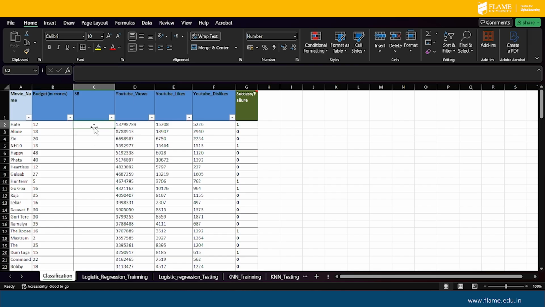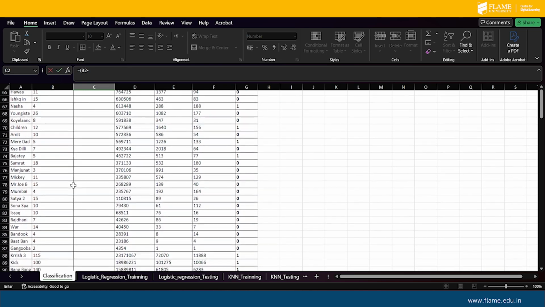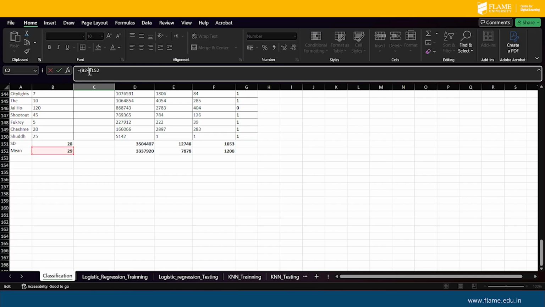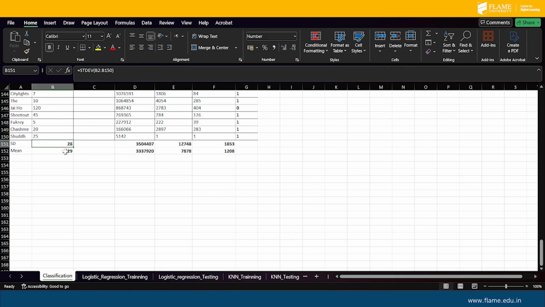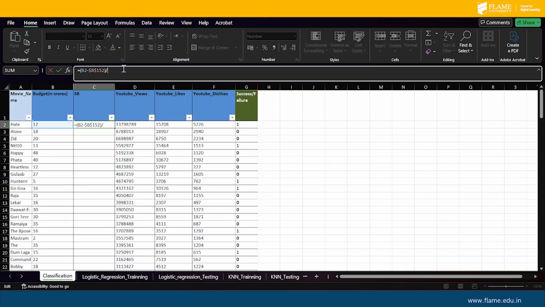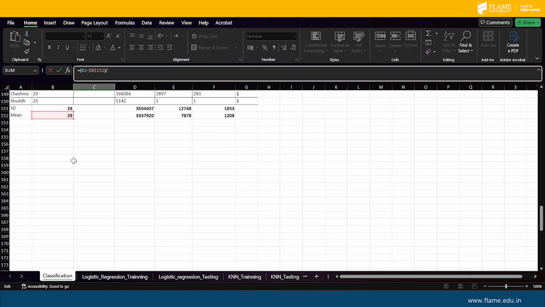Now we can standardize the data by selecting that particular value, minus the fixed mean value, and fixing them with the dollar sign, and divide it by the standard deviation, which again you have to fix. Sorry, I missed that, so we have to divide this by the standard deviation.